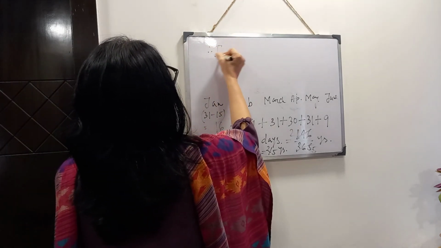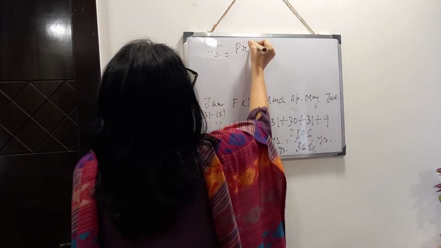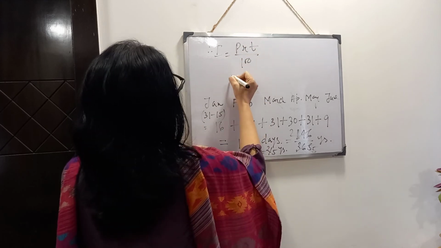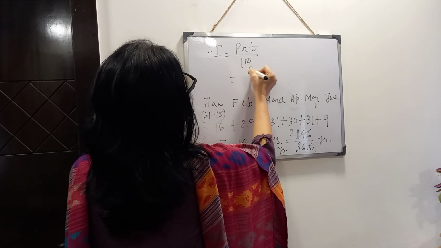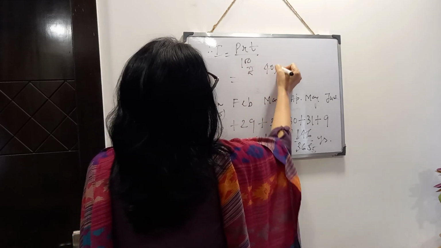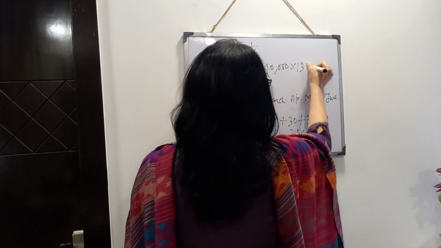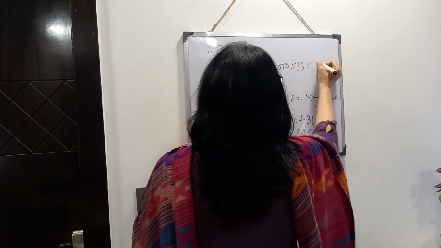Therefore, interest equals PRT by 100. The principal is given rupees 40,000 and rate was 13. T is 2 by 5.